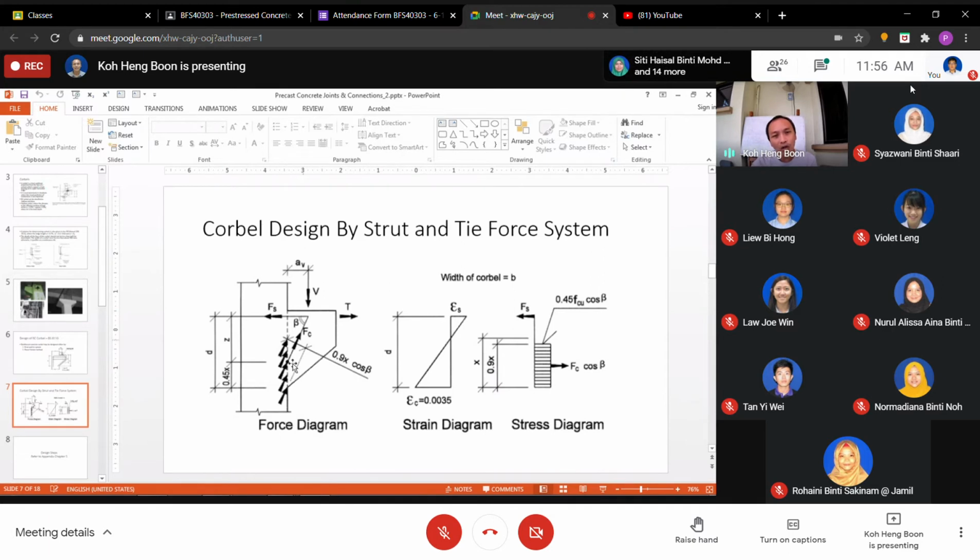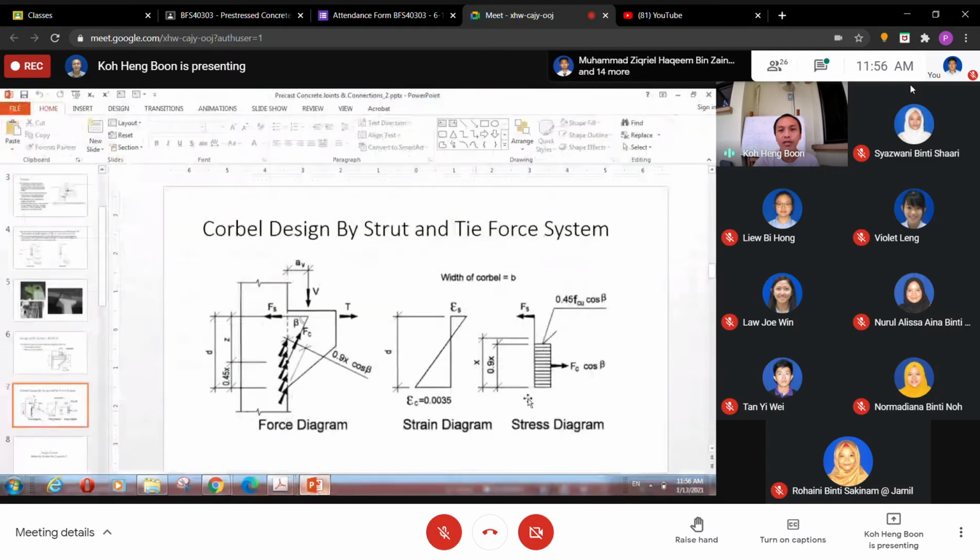But the other systems can still use the same concept, because whatever code, we can base on this concept to derive the equation. It's only different in the value: if you base on Eurocode 2, this is 0.567 FCK.